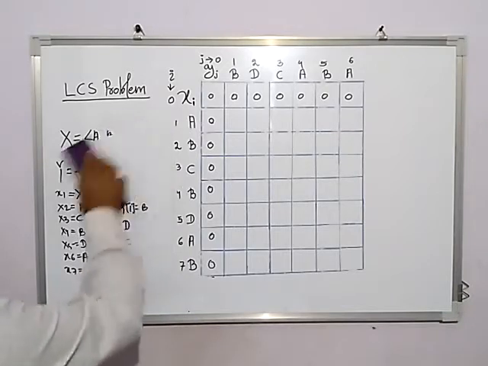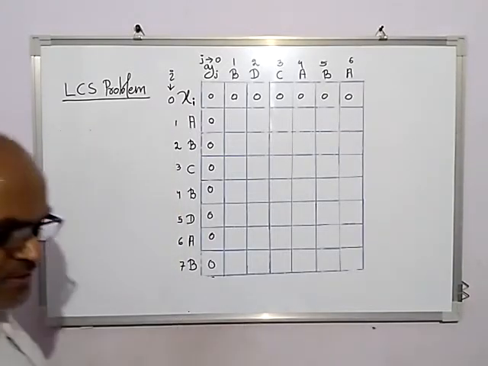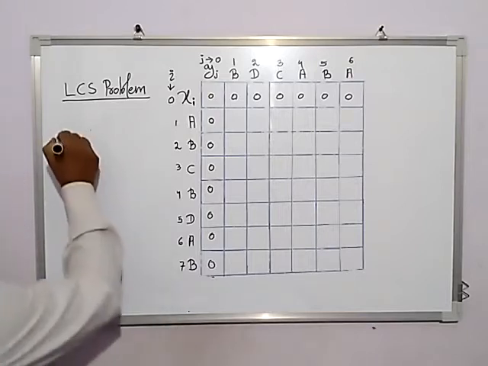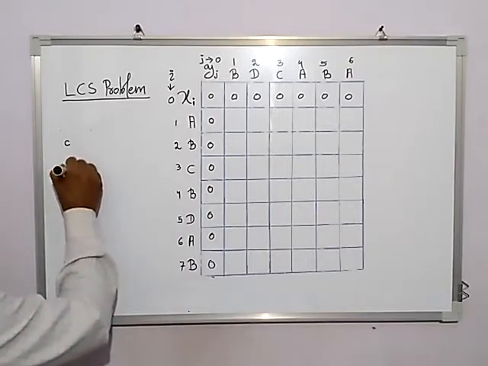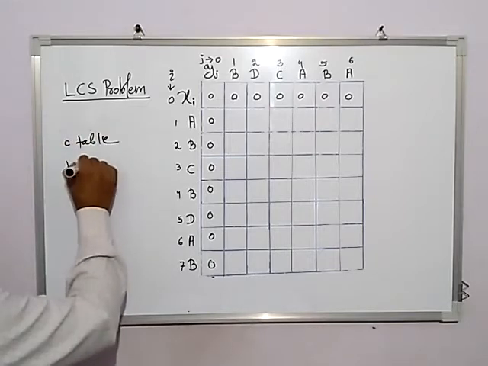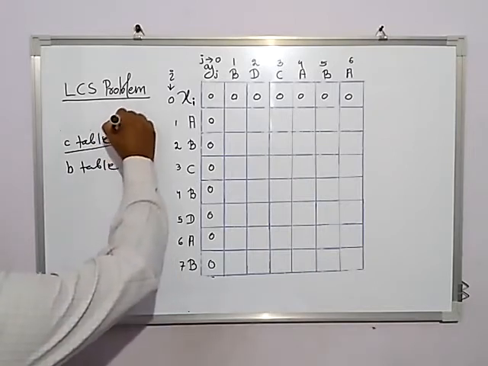Now you see why we use a table like this, because if you want to solve the LCS problem, you have to use two tables. One is the C table, another is the B table. So what is the C table and what is the B table? The C table is used to store the LCS length.